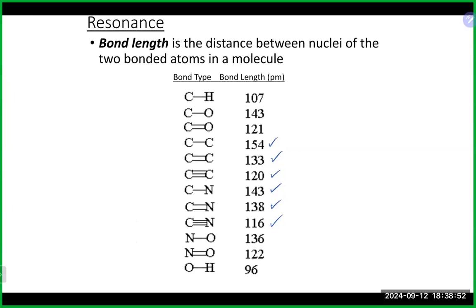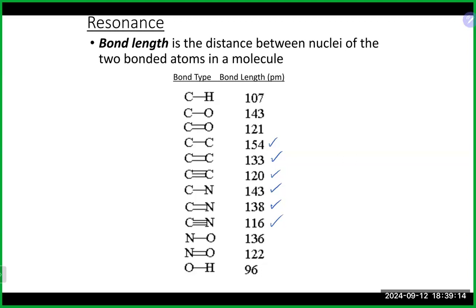All right, so let's talk a little bit about resonance, which we did, but let's talk more about bond length. I like that my check marks were previously there, so that's good. I'm going to circle them now. You do not have to obviously memorize this list of bond lengths. The bond length is the distance between the two nuclei, the bond between the two atoms.